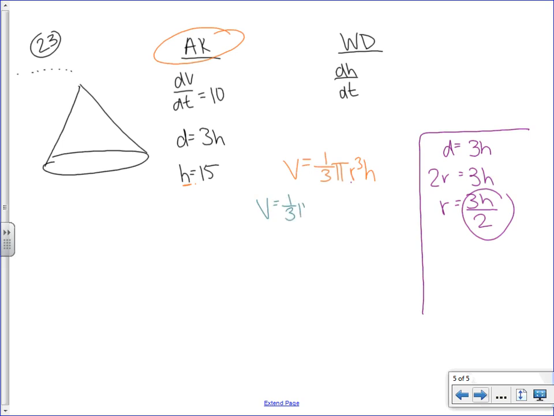So I get 1/3 pi, and instead of r, I'm going to write 3h over 2 squared times h. I'm going to clean this up a little bit, because that's really going to be 9, 3 squared is 9, h squared over 4 times h. So I just squared everything on the inside.